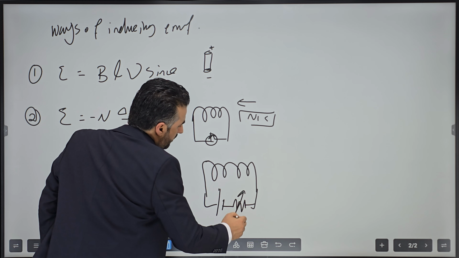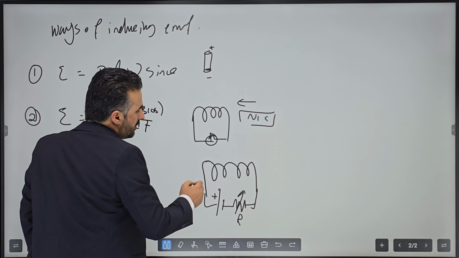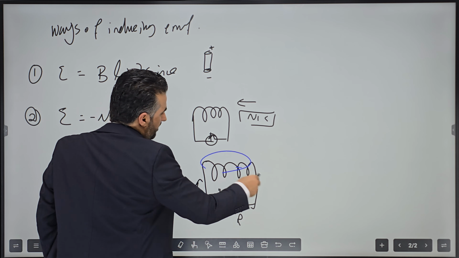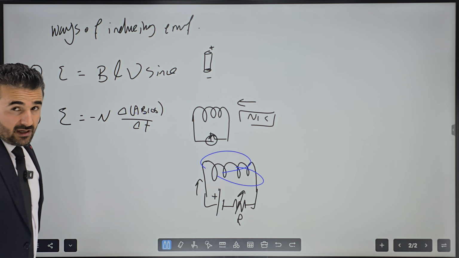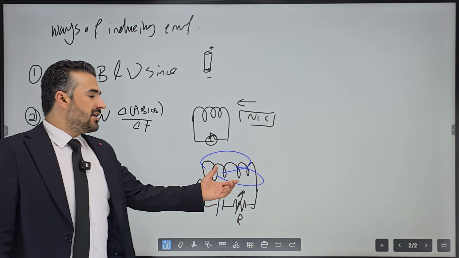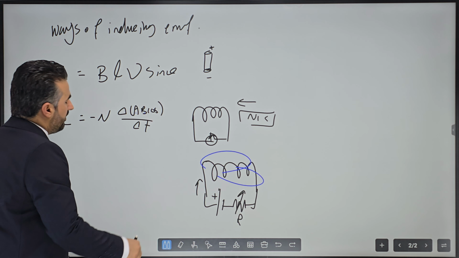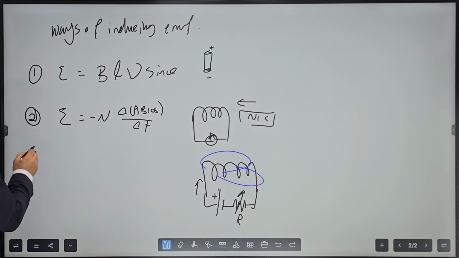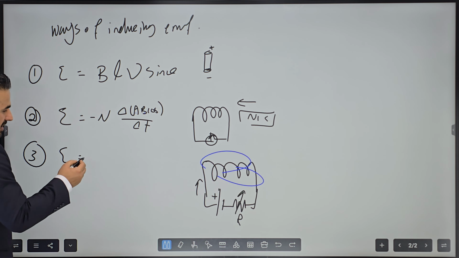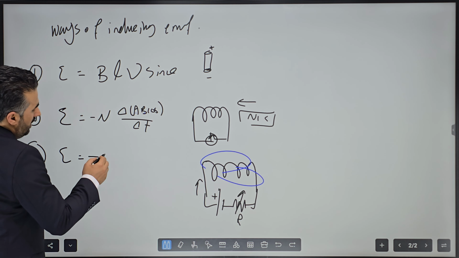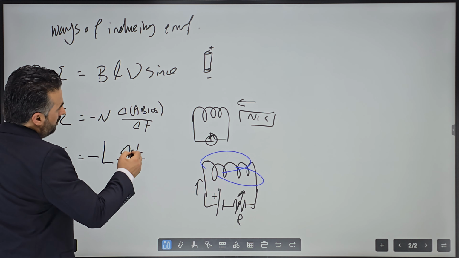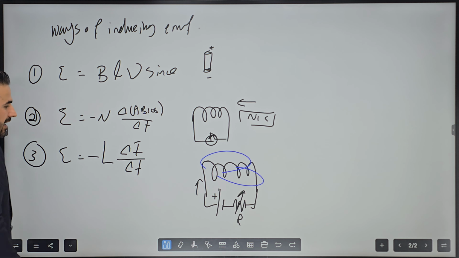If I have a variable resistor and you change the current in this coil, as a result of this changing magnetic field, an EMF is induced. That is called self-induction. It is basically equal to negative L change in current over delta T.